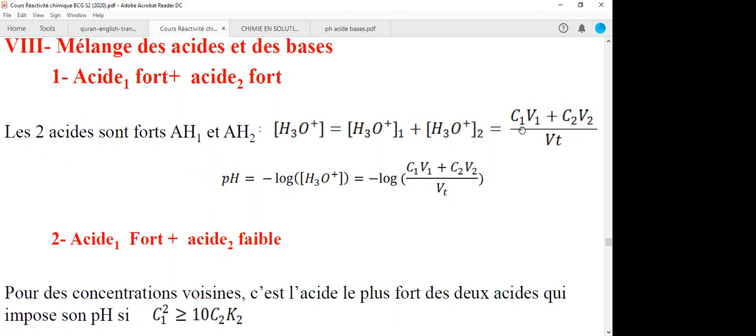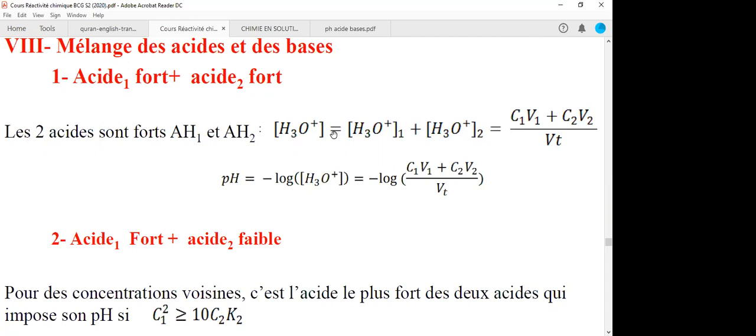Here we are adding the number of moles of H3O+ which comes from acid 1, plus the number of moles of H3O+ which comes from acid 2. So if we have the total number of moles and divide by the volume, we come up with the final concentration of H3O+.